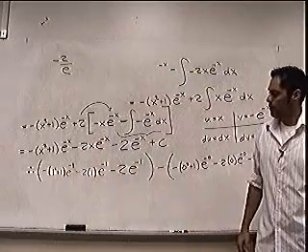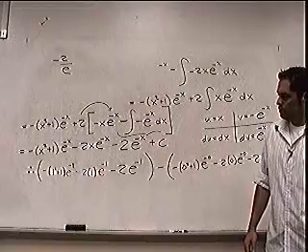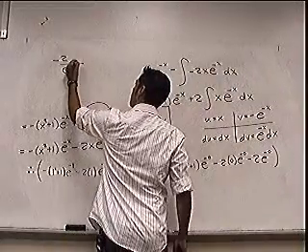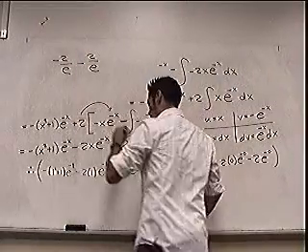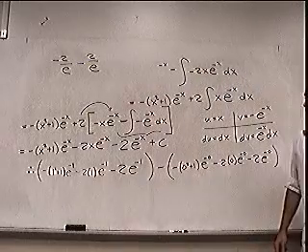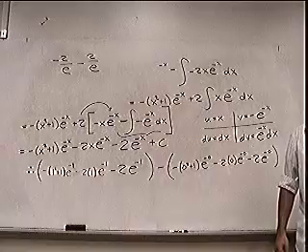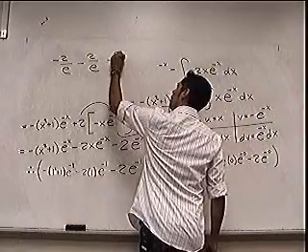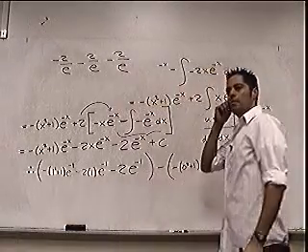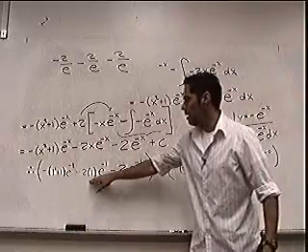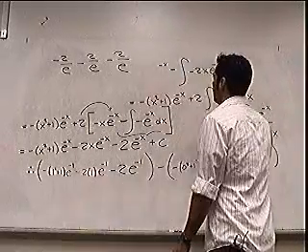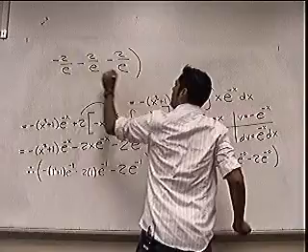Minus what? 2 over e again. Then minus 2 over e again, right? Do y'all see that? Those are these three right here. They're all the same. And then I'm going to subtract from that.